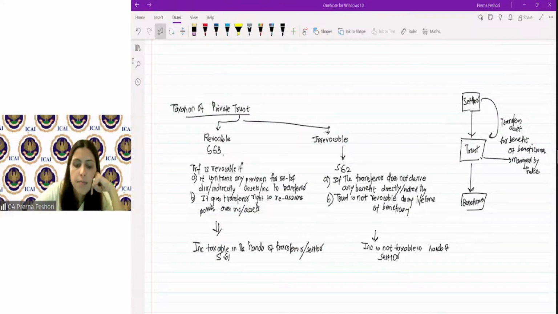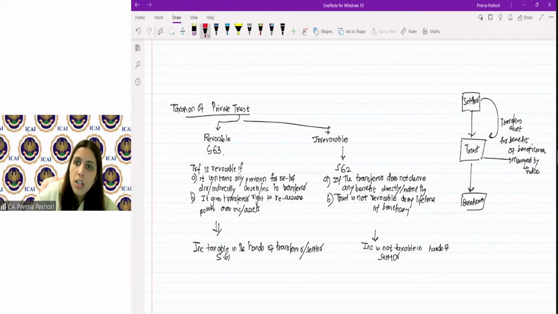So when the settlor transfers the asset to the trust, assuming it's not a revocable transfer, it's an irrevocable transfer. Then in that case, if you remember, I had told you under section 47, any transfer of a capital asset under the irrevocable trust is not regarded as transfer.